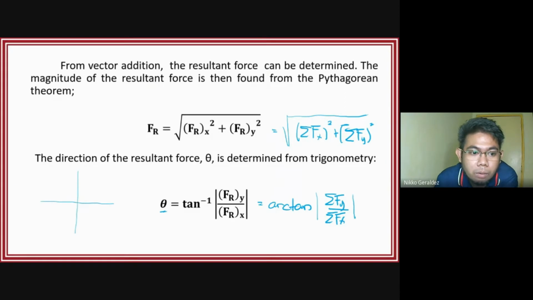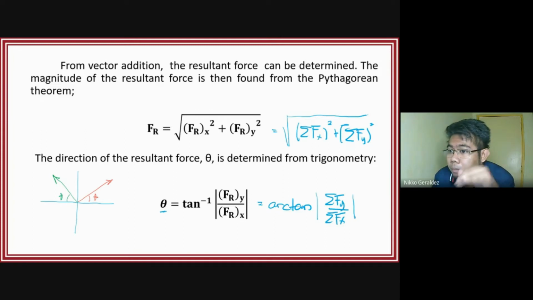Kung nasa quadrant 1 ito yung resultant force mo, ayun yung angle theta. Quadrant 2, ayan yung resultant force mo, ayun yung angle theta, above negative x-axis. Pag nasa quadrant 3, ayun yung angle theta mo, below negative x-axis.